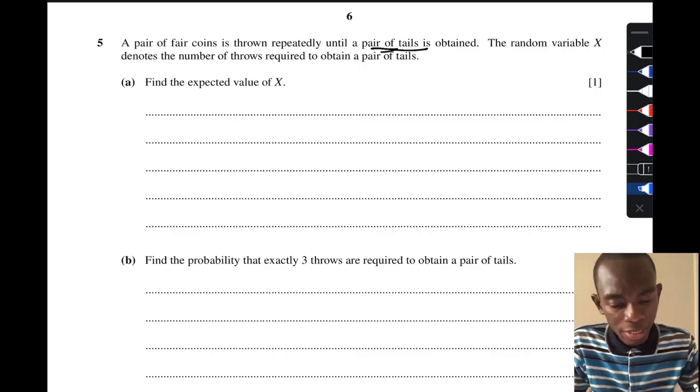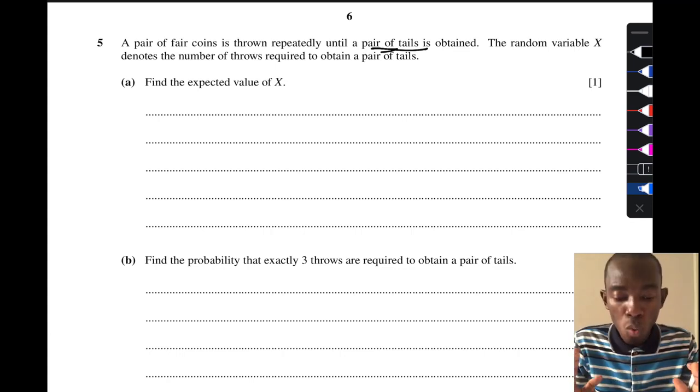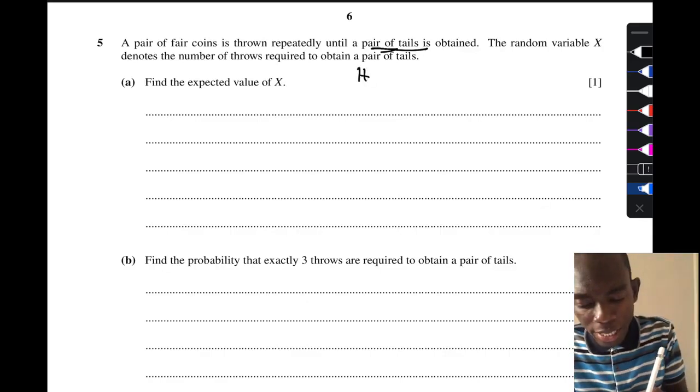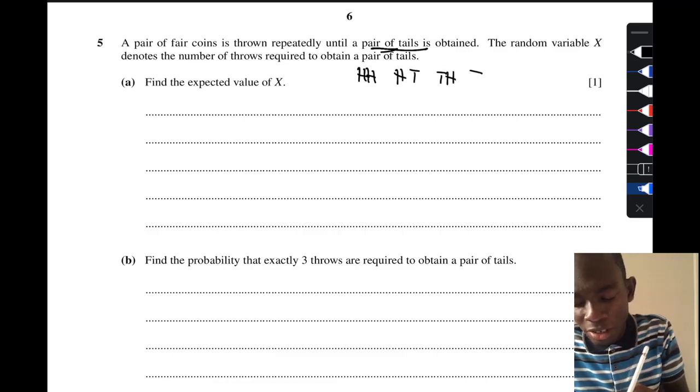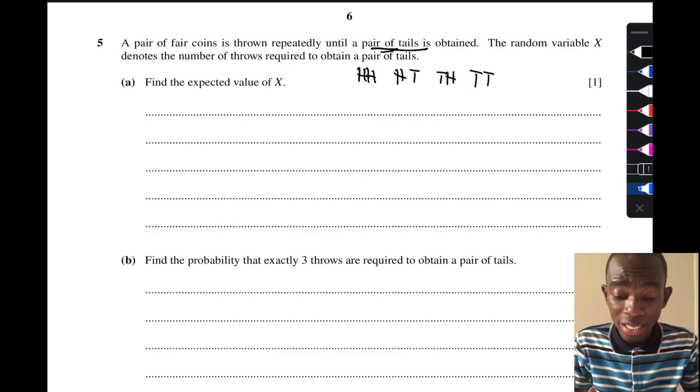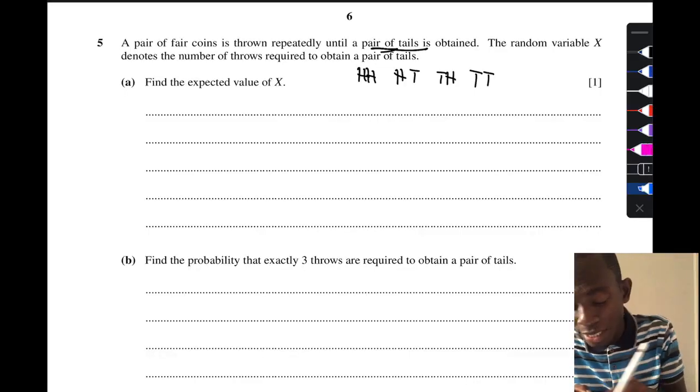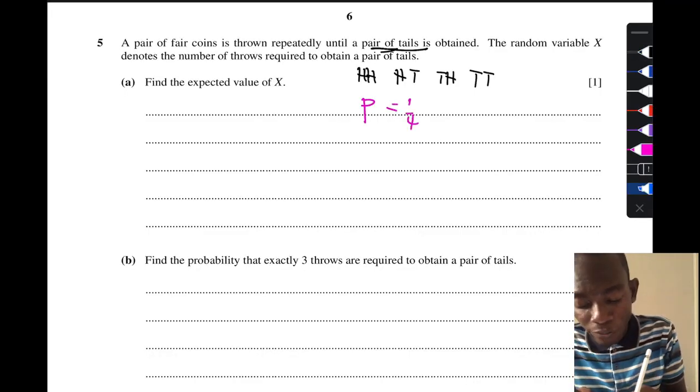The random variable X denotes the number of throws required. If you have 2 coins, the sample space is HH, HT, TH, and TT. So to get a pair of tails, the probability of success is 1/4.